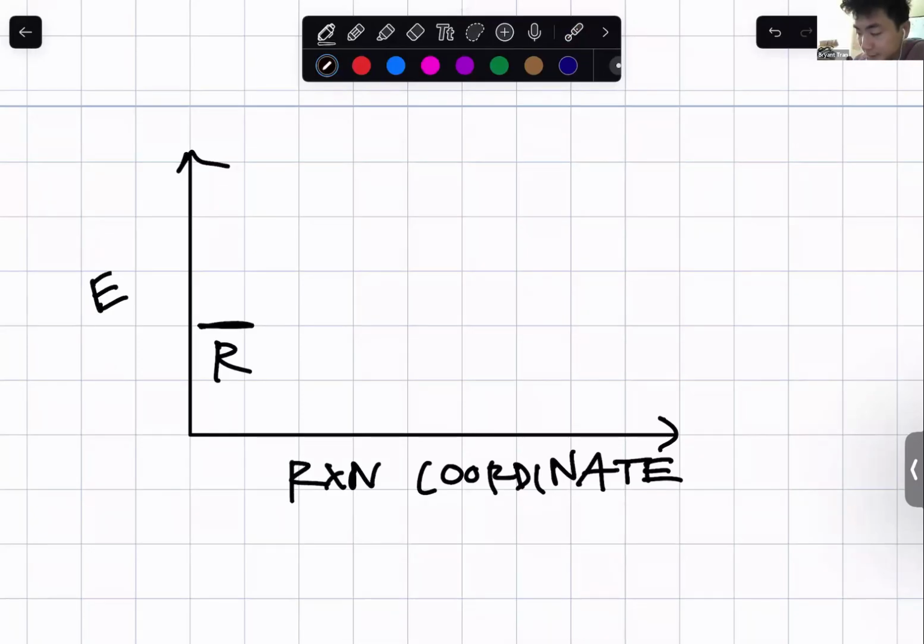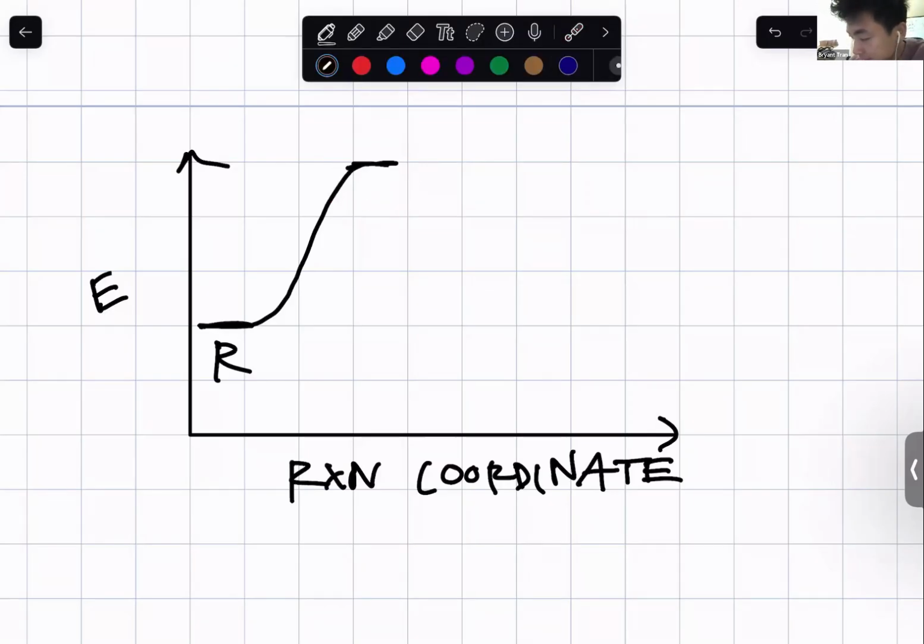Now the transition state. Do you remember what a transition state means from Gen Chem? Like the time it takes for it to reach its activation energy. Yep. And its activation energy is like the peak. Yeah. So this is going to be the transition state, the time it needs to reach its activation energy.